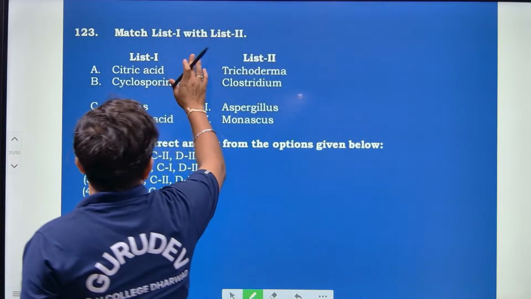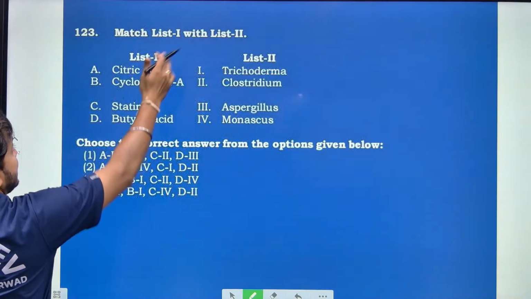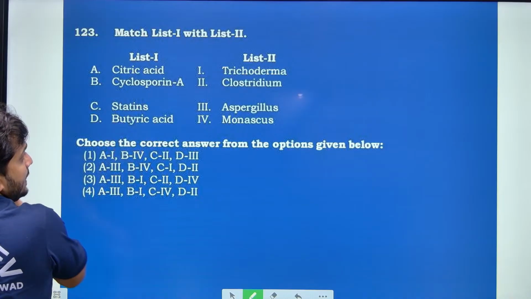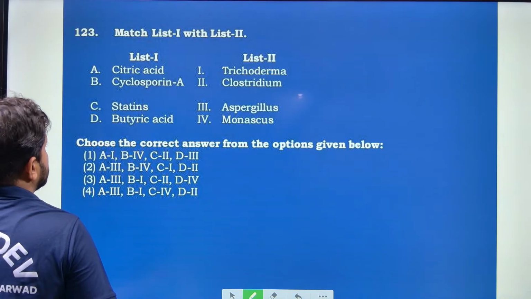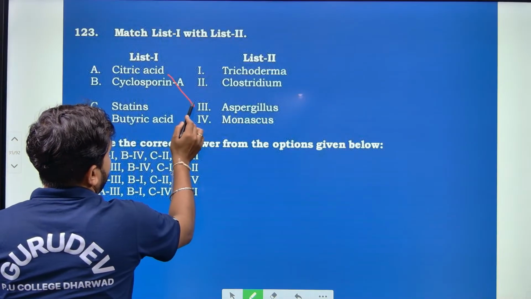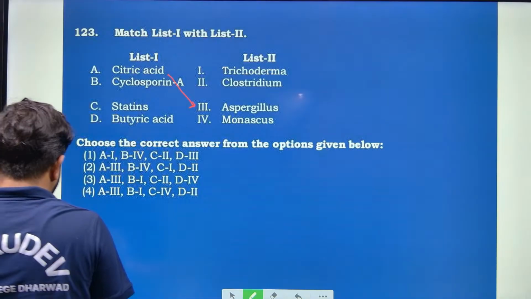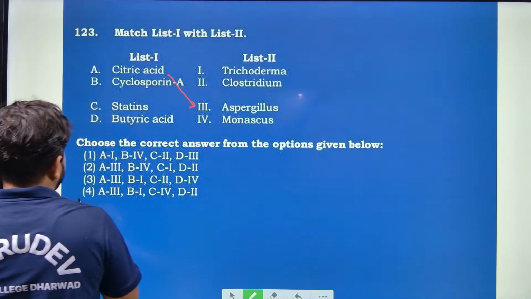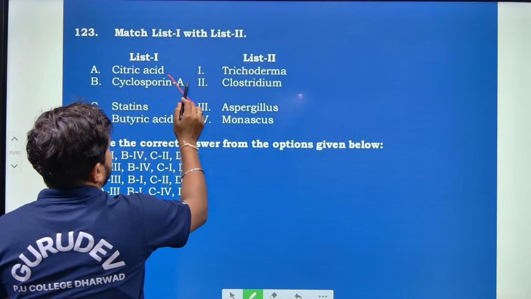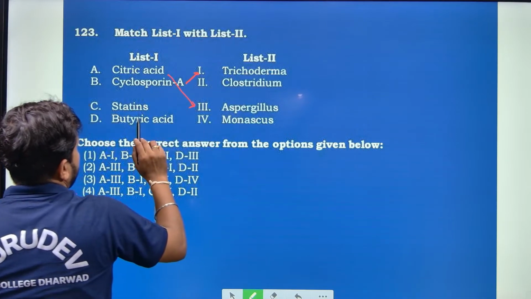Then match column 1 with column 2, list 1 and list 2, right? Citric acid, cyclosporin, statin and butyric acid, what they have mentioned, right? So according to this, what I know, citric acid can be formed by Aspergillus niger. Cyclosporin can be formed by Trichoderma polysporum.